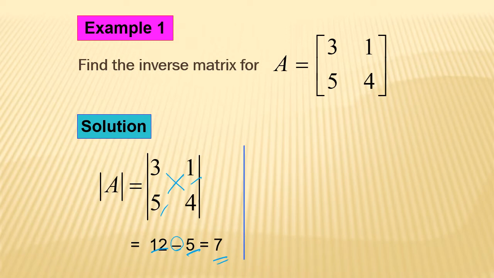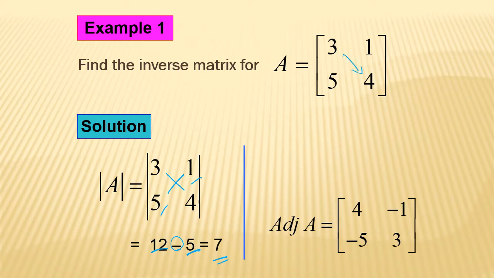And then we have to find the adjoint of matrix A. We just have to exchange the position of a and d, and then put negative in front of c and b. So we have adjoint A equal to [4, -1; -5, 3].